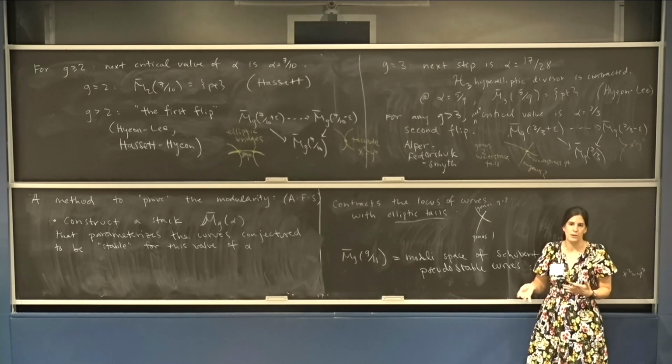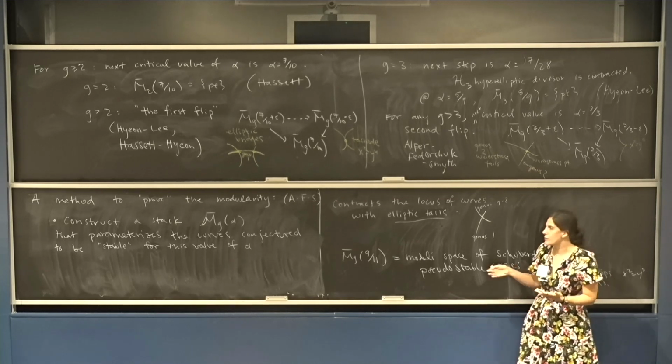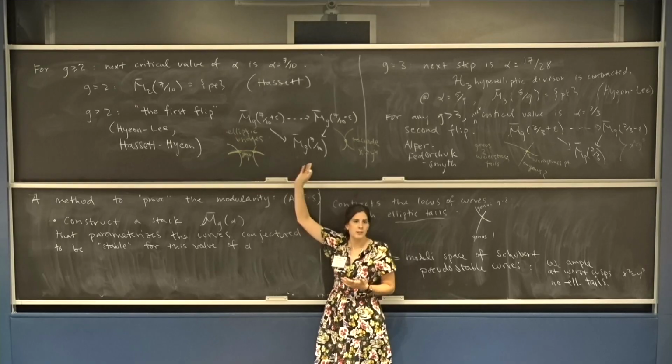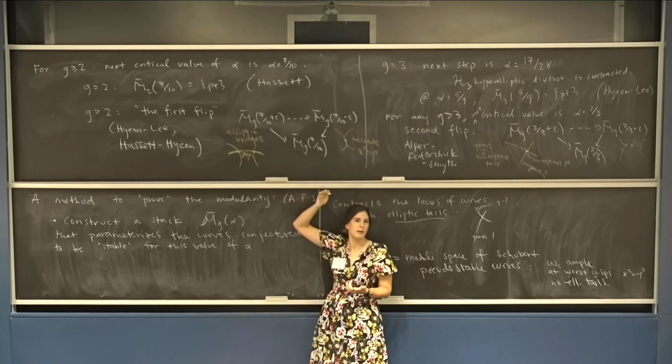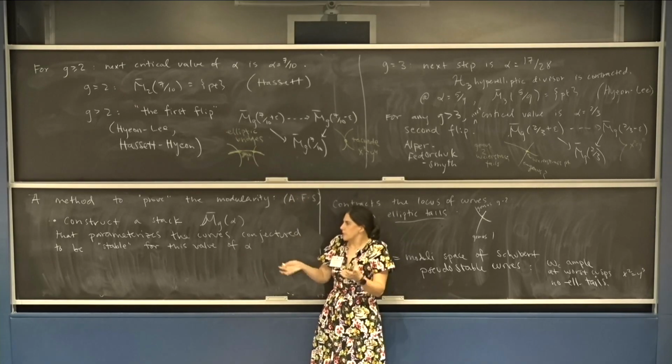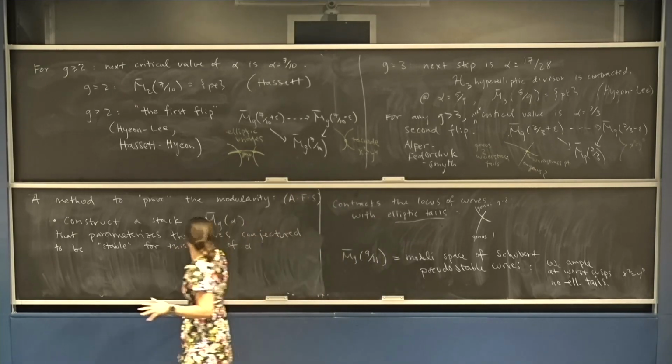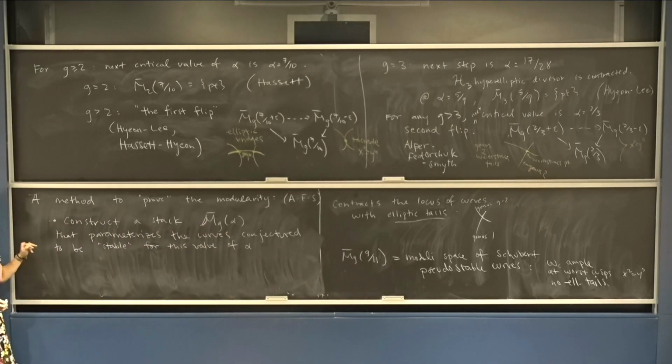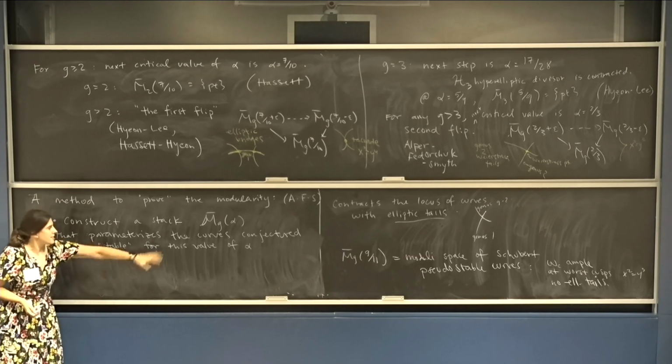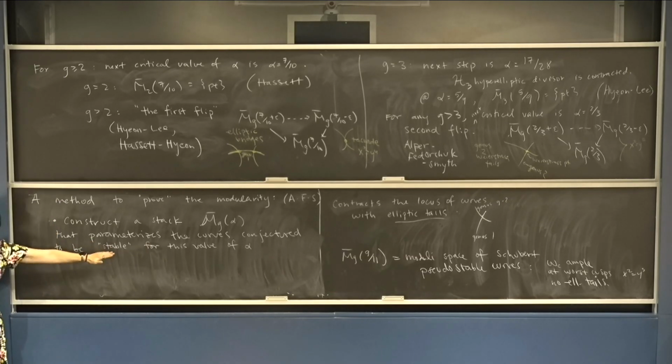You can do numerical computations with this character and predict for what values of alpha certain curves should destabilize or become stable. If you open several of the papers of Alper, Fedorchuk and Smyth, you can see several of their predictions for what I mean precisely by this.